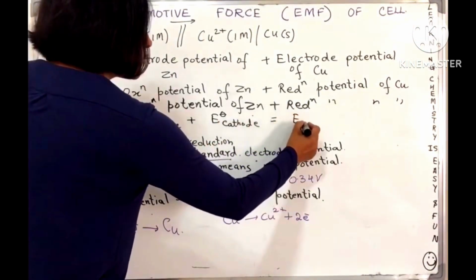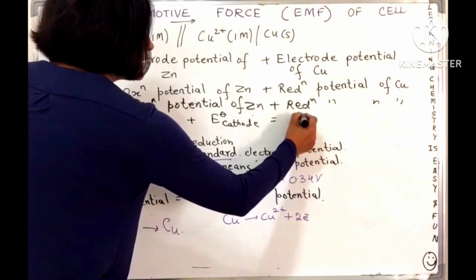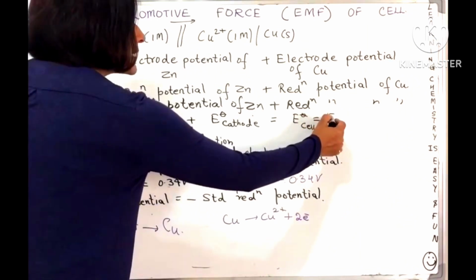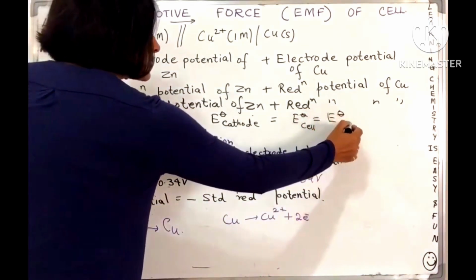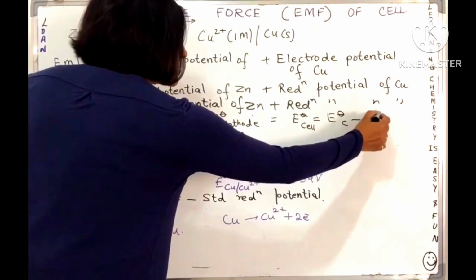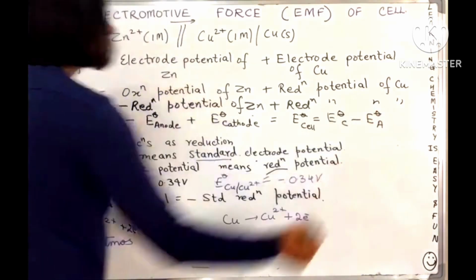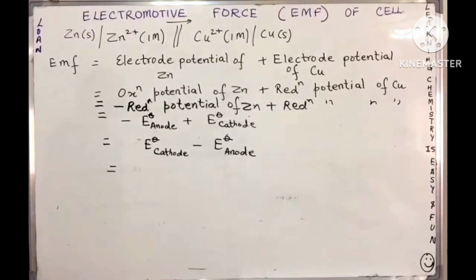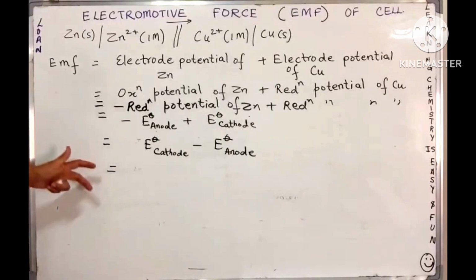So the standard EMF of the cell is standard electrode potential of the cathode minus standard electrode potential of the anode, right? It becomes a lot simpler. I thought it's better to organize this and put it vertically so that we are able to relate to what we are doing.